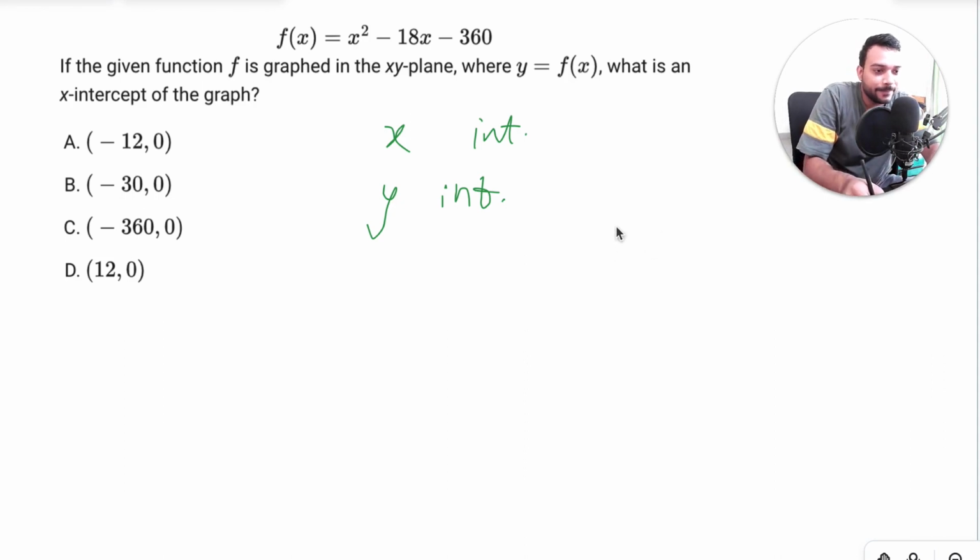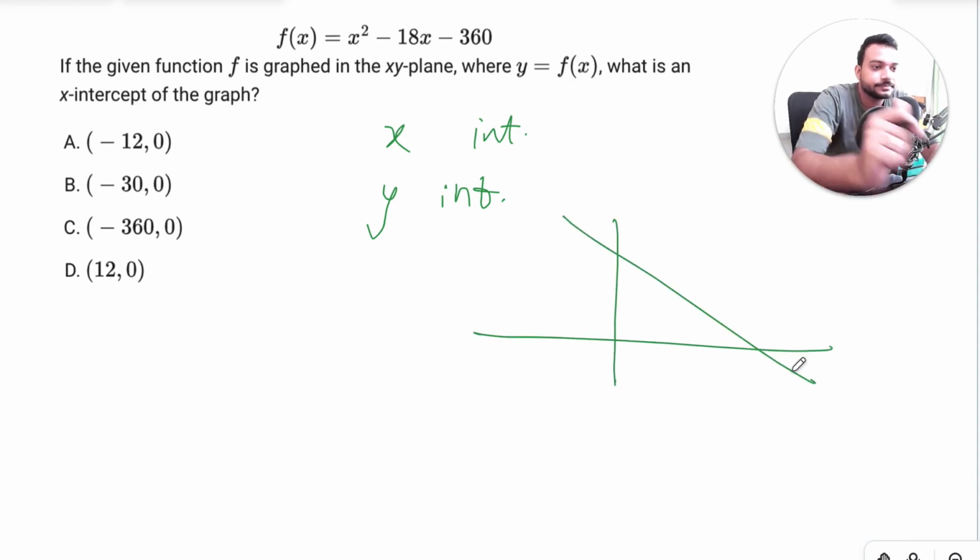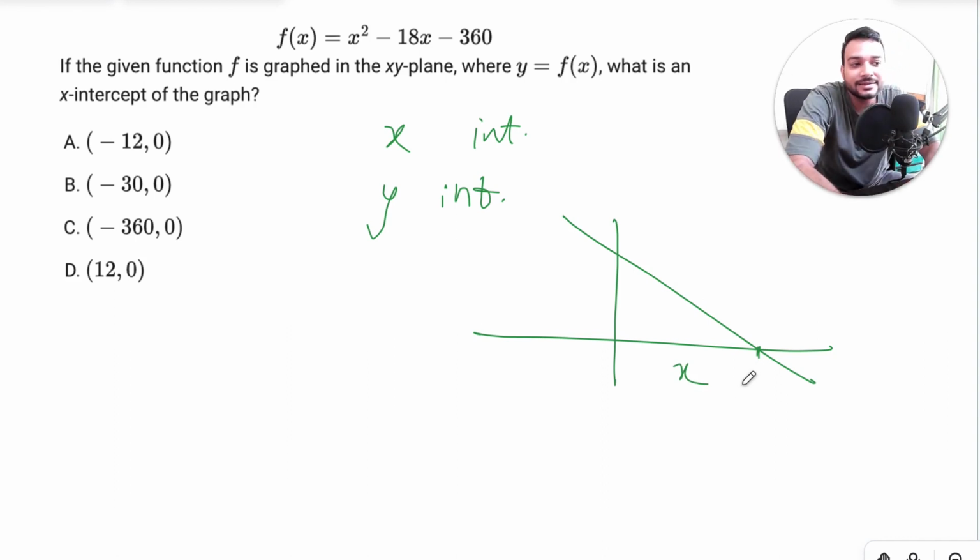For example, this here is a graph, and this is the x-intercept. So x-intercept means when y becomes 0, when the value on the y-axis is 0. Y-intercept, where it cuts the y-axis, means where x is 0.